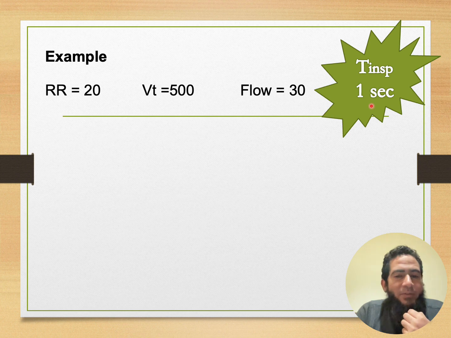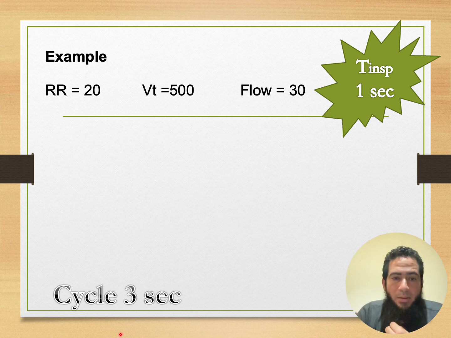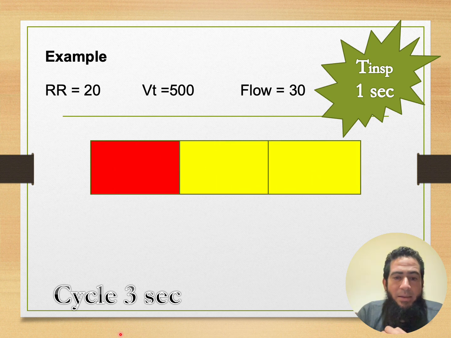So how long is left for the expiration? It's 2 seconds, because if the cycle is 3 seconds and you took 1 second for inspiration, you get 2 seconds for expiration, right? So the cycle is 3 seconds, and here inspiration will be 1 second and the expiration will be 2 seconds.